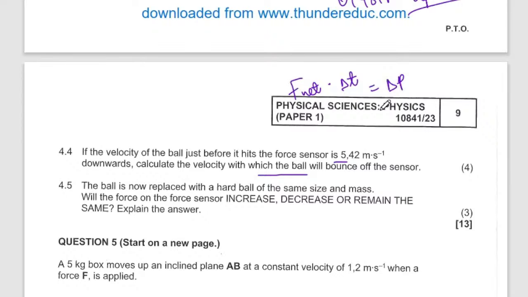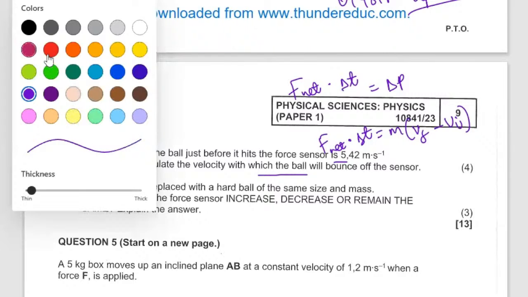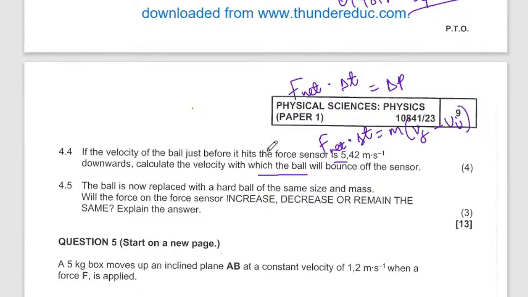The question asks us to calculate the velocity with which it will bounce up. So it is m times (v final minus v initial) equal to F net delta t, which gives us the 0.48, which is the impulse.